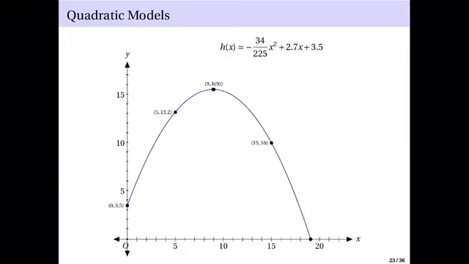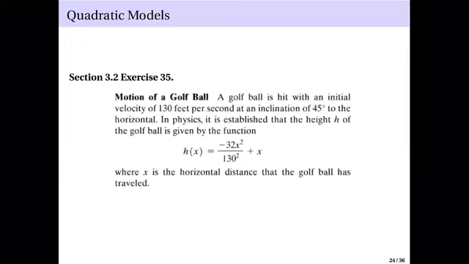Let's have another problem here. Motion of a golf ball. A golf ball is hit with an initial velocity of 130 feet per second at an inclination of 45 degrees to the horizontal. In physics, it is established that the height h of the golf ball is given by this function.